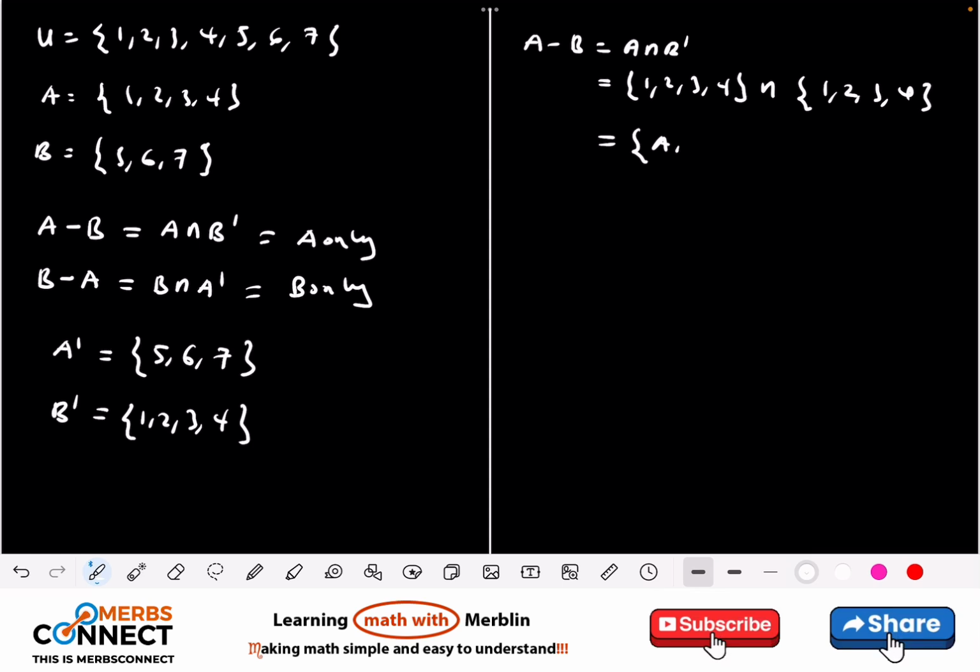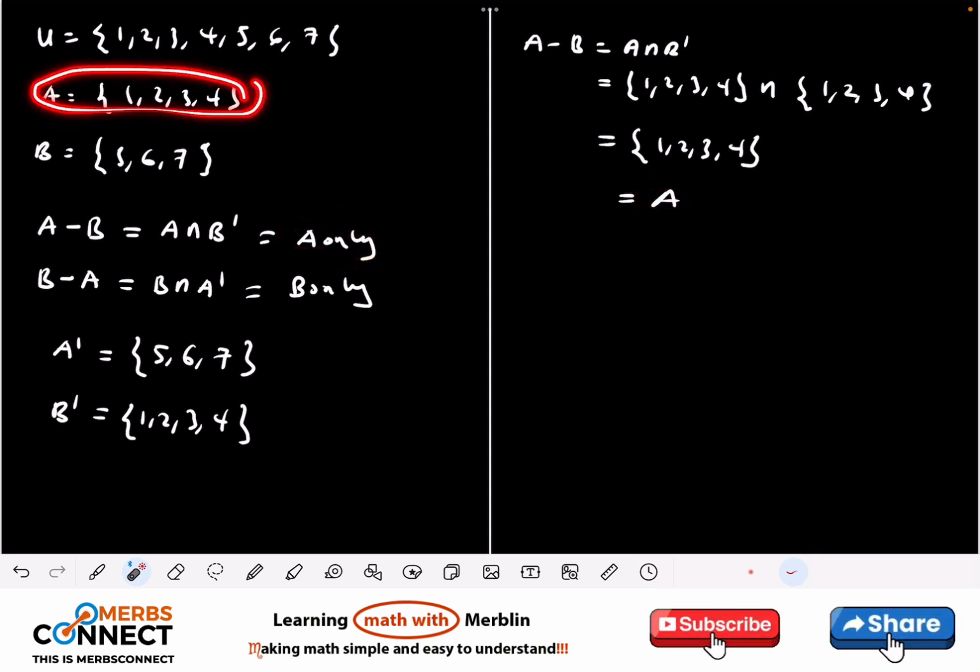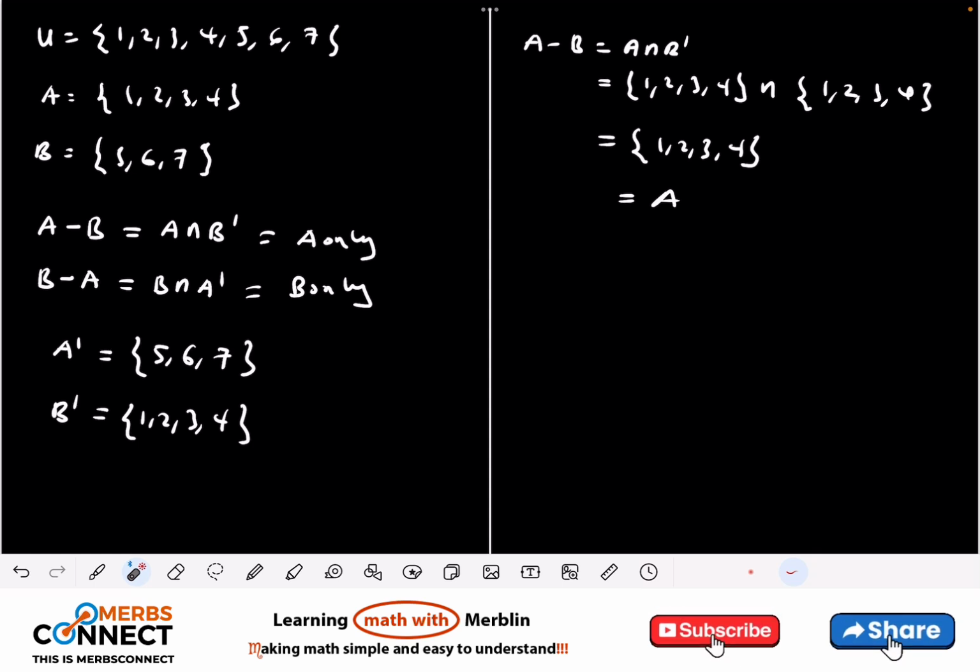So this is actually 1, 2, 3, and 4, and this is actually equal to A. The reason why we are getting this, you see, this is A only, but the reason why we are getting A itself is that there is no common element. If we had a common element, then this would not be equal to A. It would be something like A only, the elements that we don't have in B. So here our A only is actually the same as A because the original sets that we started with have no element that is common to each other.